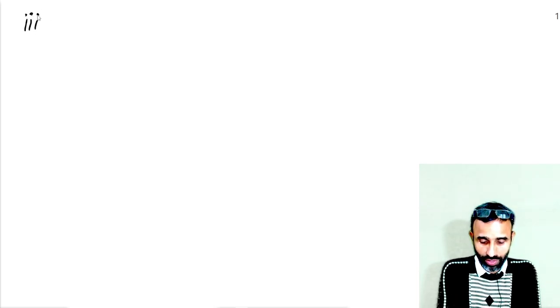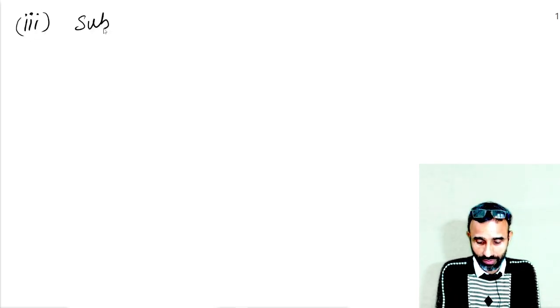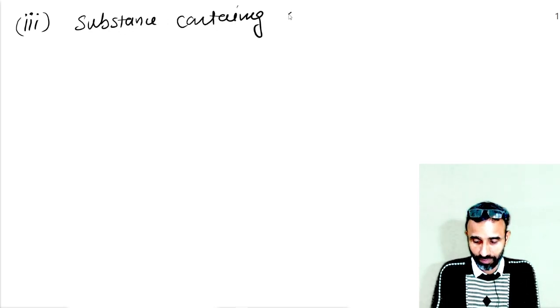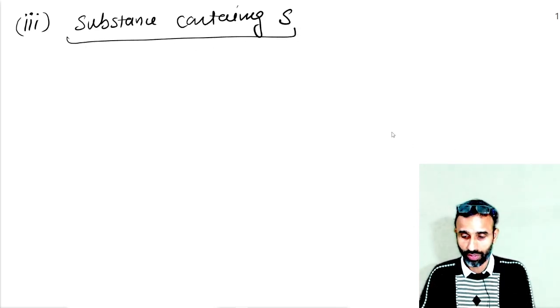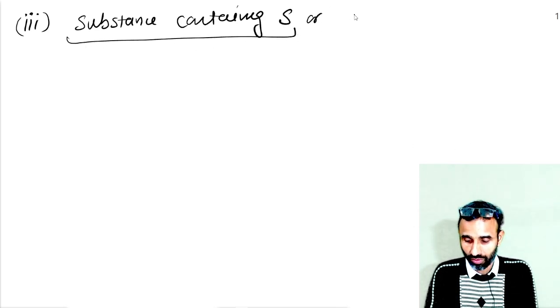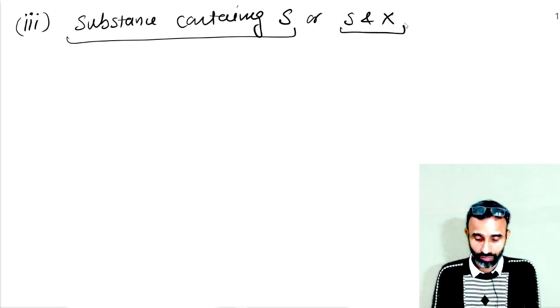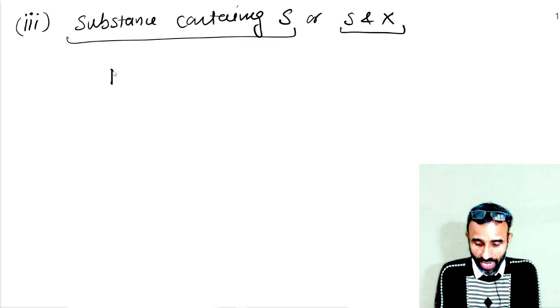Third modification, if the substance contains sulfur, or sulfur and halogen both, then we use lead chromate.